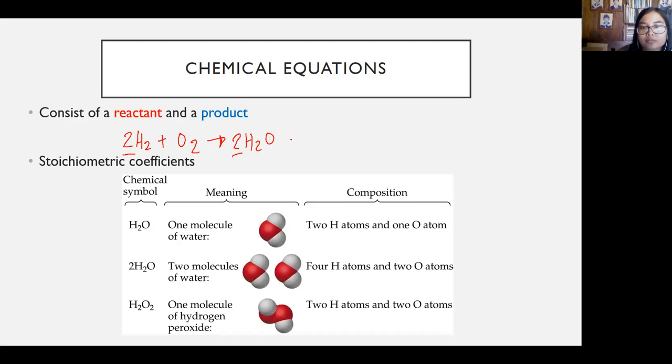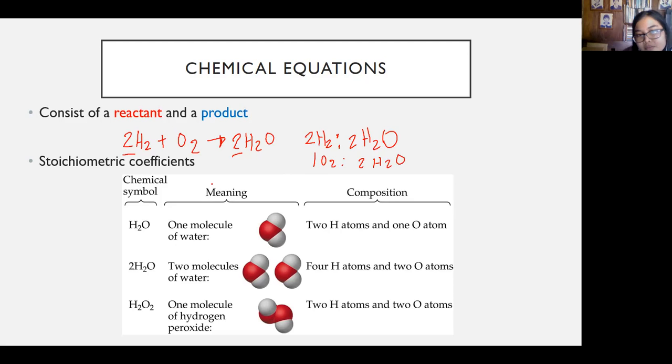So, paano ba natin sabihin na ratio yan? So, in every 2 moles ng H2, if you will see it in the equation, will produce 2 moles ng ating H2O. So, in 1 mole of O2 naman, nakaproduce siya na H2O. So, that is the ratio.